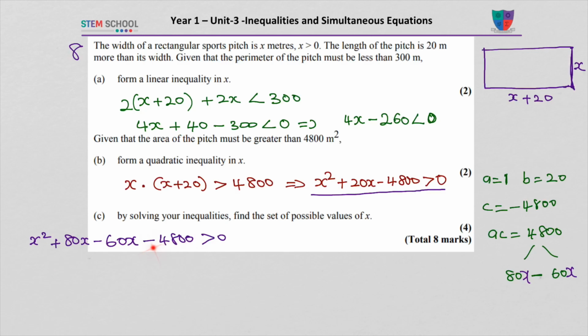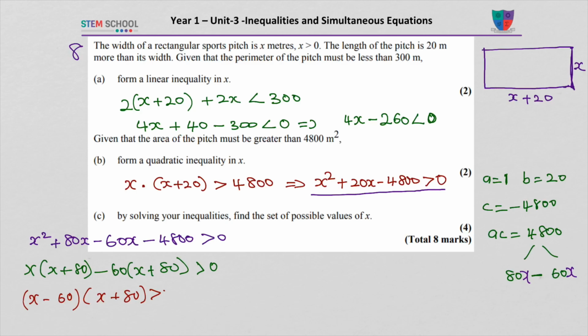There is a plus in x plus 80 in the first one, and that's greater than 0. Now I've got common factor x plus 80, and what's left will be x minus 60. So x minus 60 is left, and x plus 80 must be greater than 0.